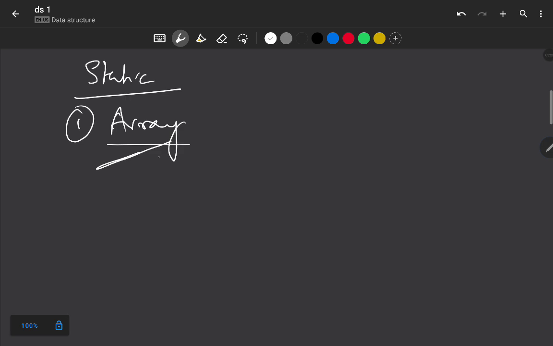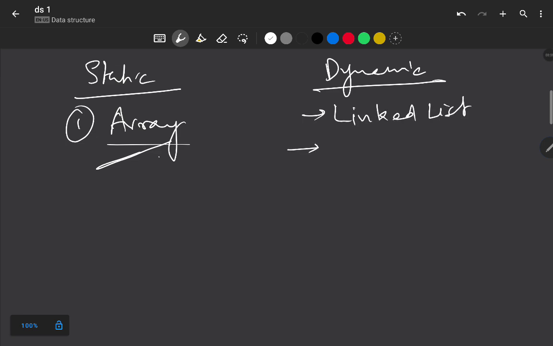We'll get into more details in our future sessions. And in dynamic, there are majorly linked list, there is a stack, there is a queue, and I think these are the three things that are there in dynamic.